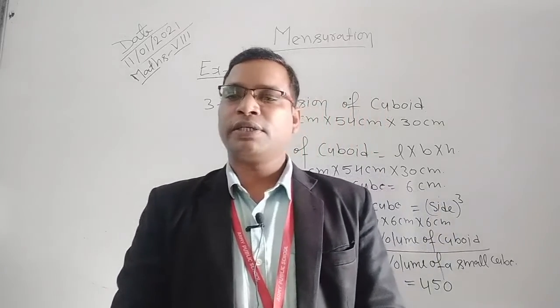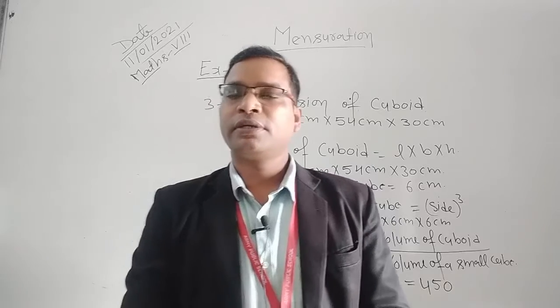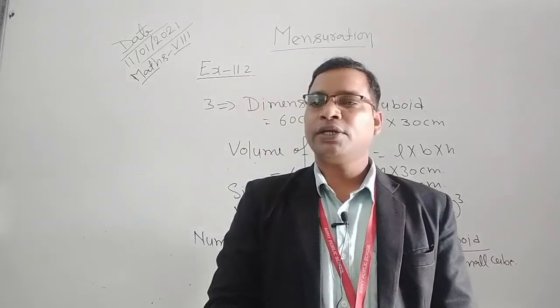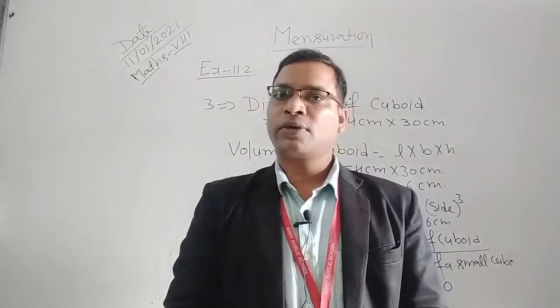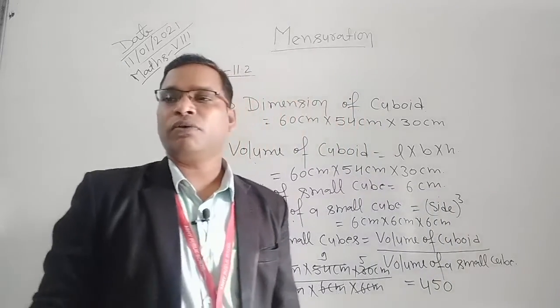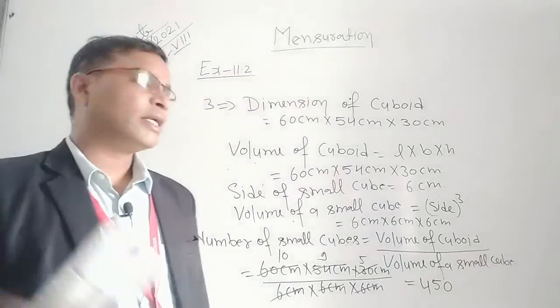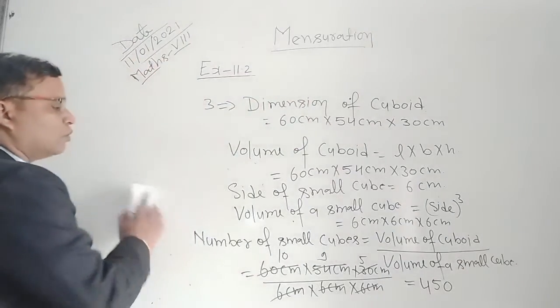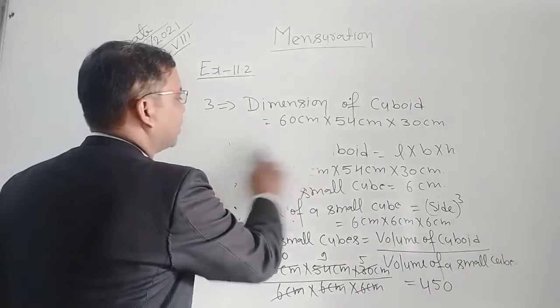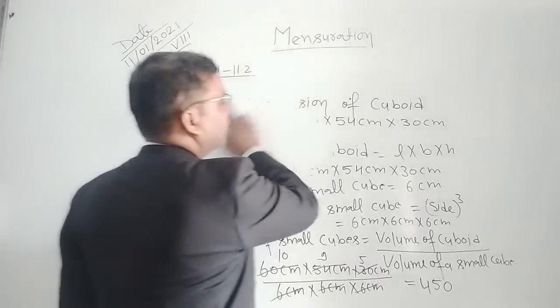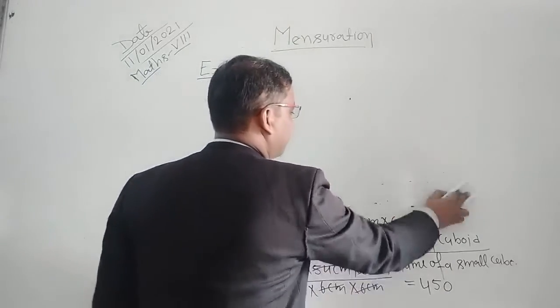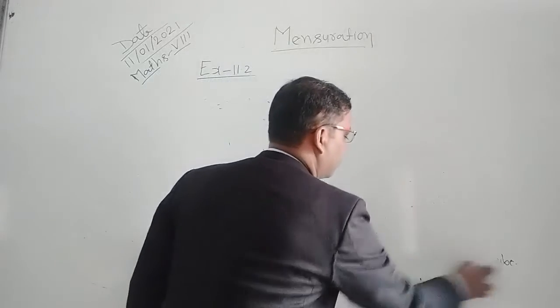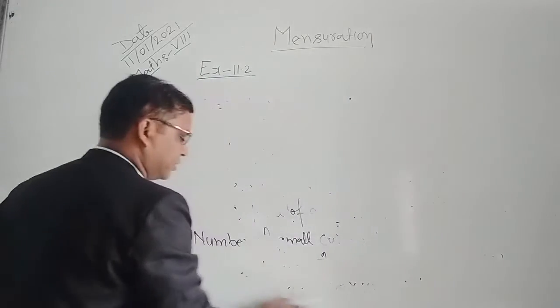Now we find the height of the cylinder. This is equal to volume of cylinder by pi into r square. Okay, so let's see how we find the height of this cylinder whose volume is 1.54 meter cube and diameter of the base is 140 centimeter.